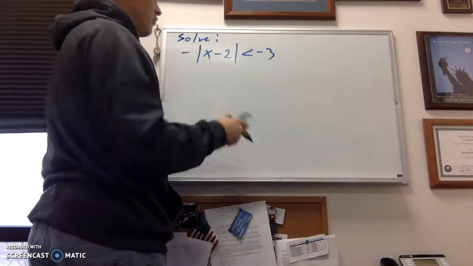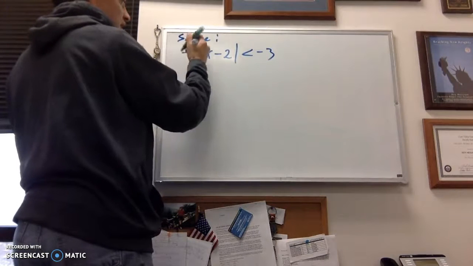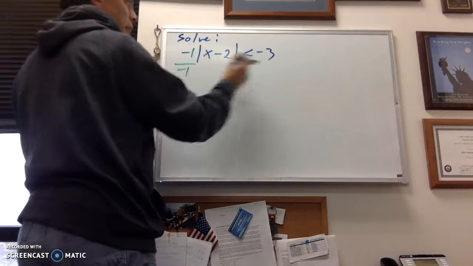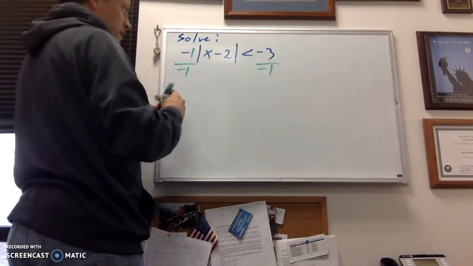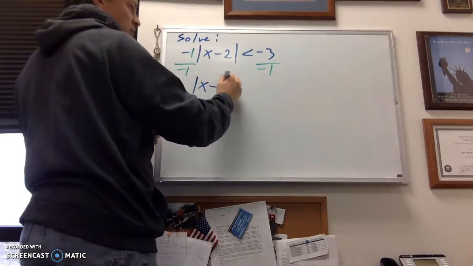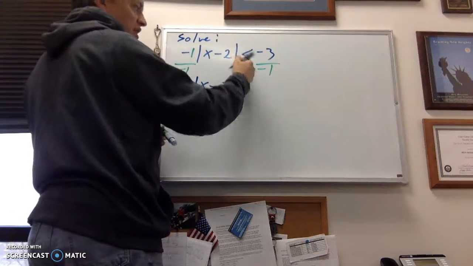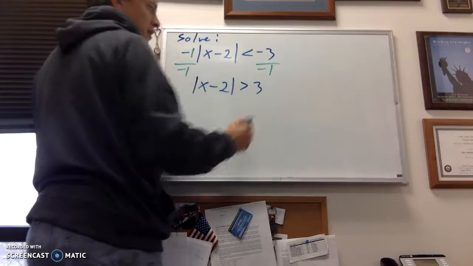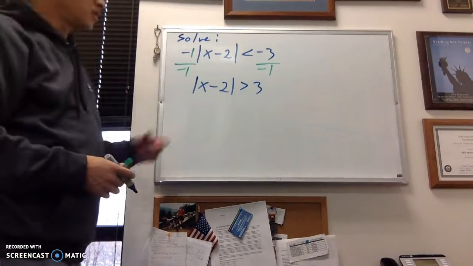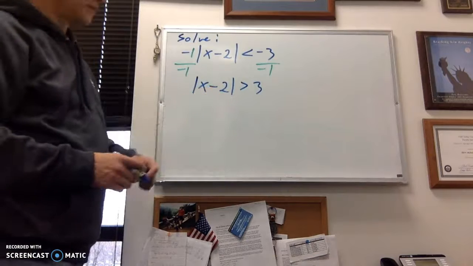So we divide by -1 first, right? Because that's like a -1 right there. So now we've isolated the absolute value. That's what I tried to do. This sign switches, so it's going to be an or. So now we're looking at the absolute value of x minus 2 is greater than 3.